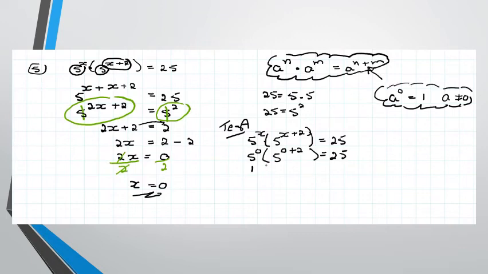So we continue: 5^(0 + 2), 0 plus 2 obviously stays 2, equals 25. Then 1 times anything stays the same, so I have 5 squared, which is 25, equals 25. Again my left-hand side is indeed equal to my right-hand side, and through that I know my answer must be correct.